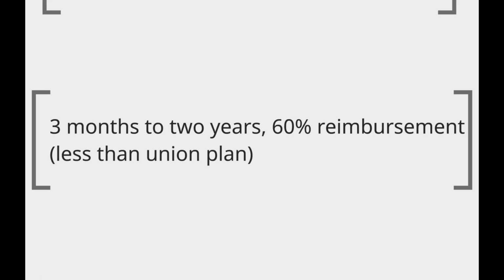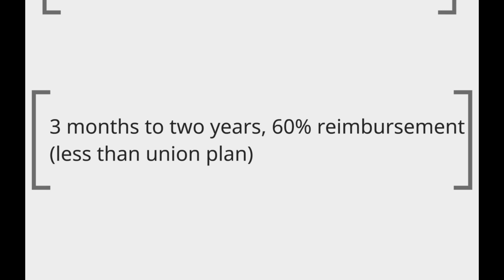We're saying 3 months to 2 years, we're going to give everybody that joins this particular plan 60% reimbursement. That's less than the union plan. The majority of people that were there that were going to be voting on getting this union in or out had 2 years of service or more. So it was interesting because during the high turnover, the people really didn't stick around too much. So the people that were there for a couple of years were saying, we don't really care if they get less.